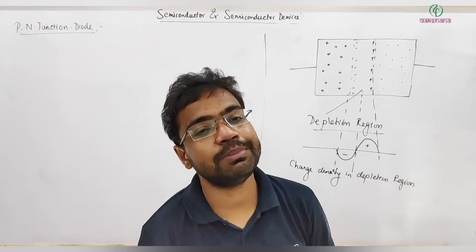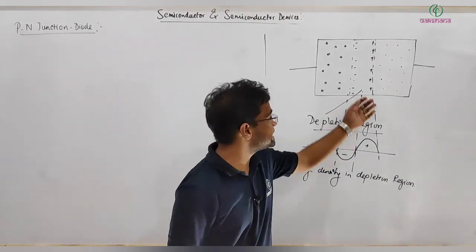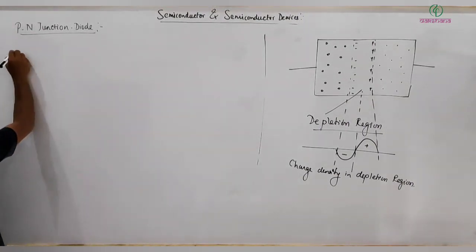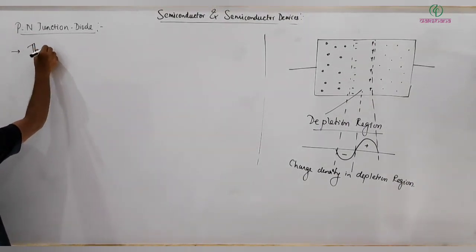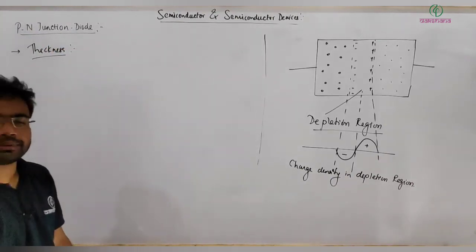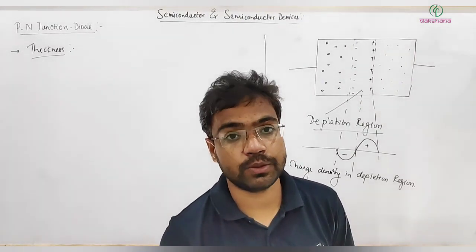It's a region depleted of majority charge carriers. What about its thickness? Will it depend on something, or will it be constant for any p-n junction?